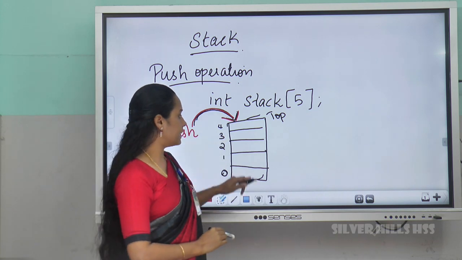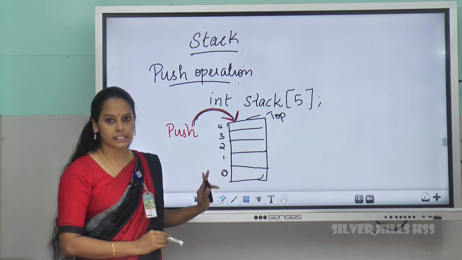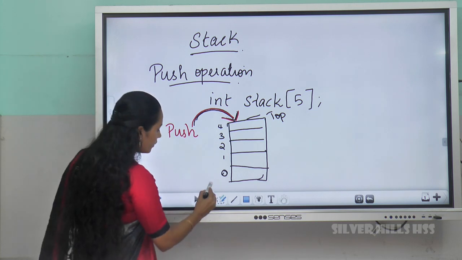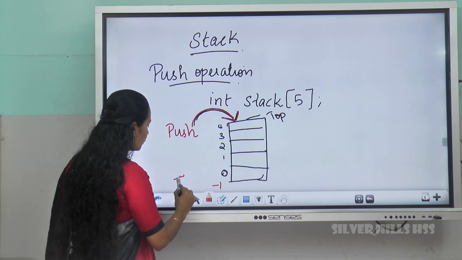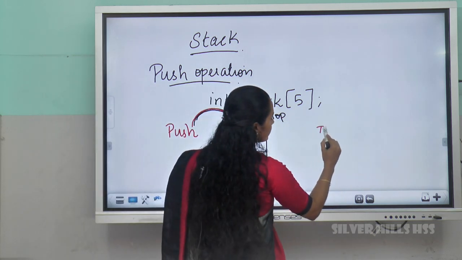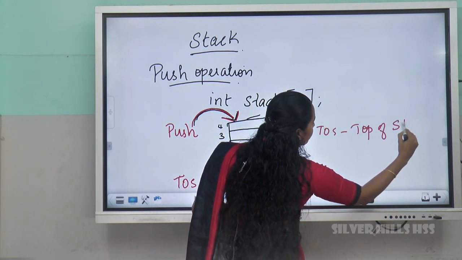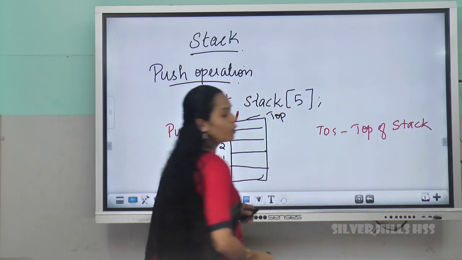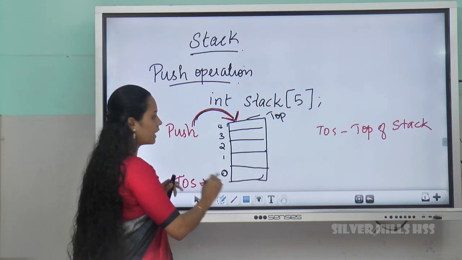Currently in this example, the stack is empty. No elements are there in the stack. So we can say that the position of top of stack, TOS, is -1.